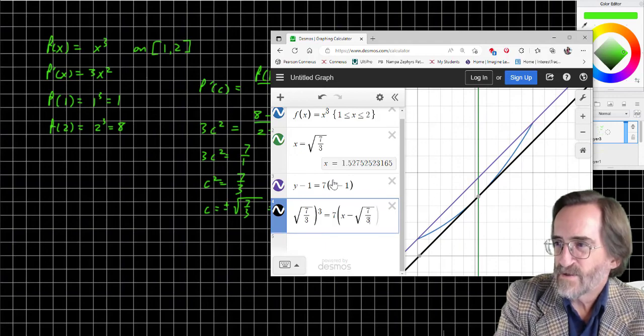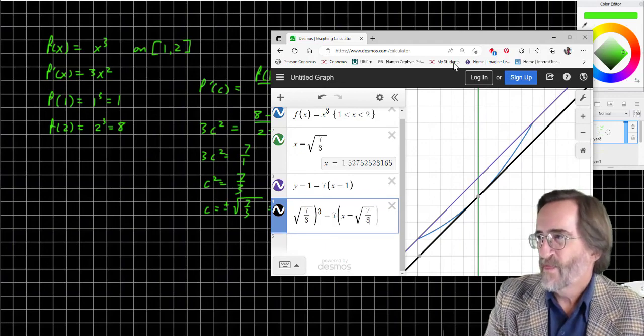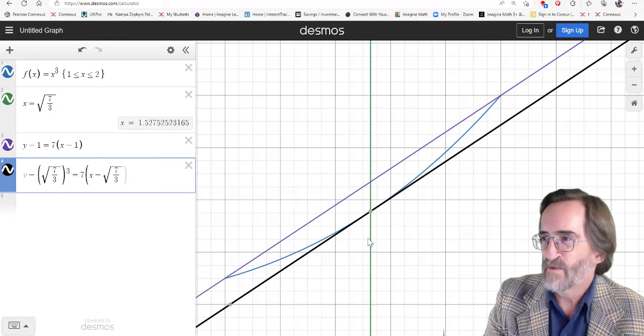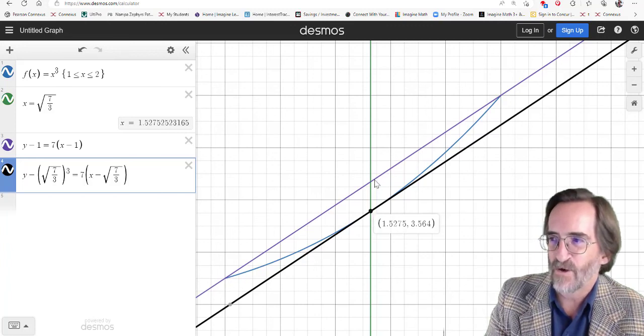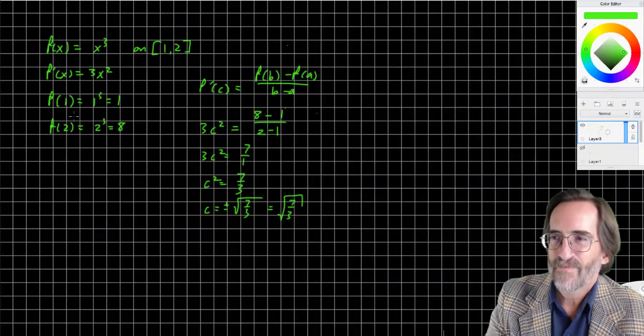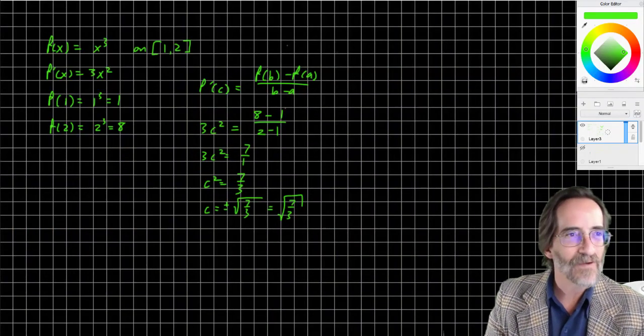And there it is. So we can see that the purple line and the black line are parallel, and it is tangent at that point. So the instantaneous slope is parallel to the secant at that point. All right, so probably a little bit overkill there.